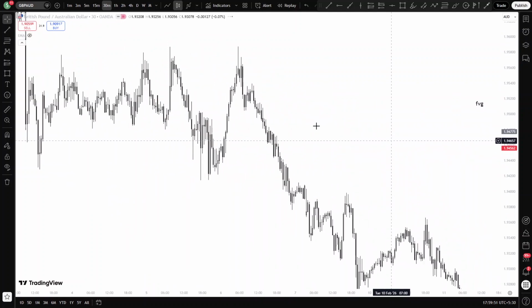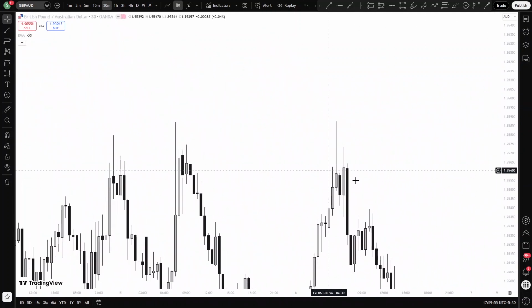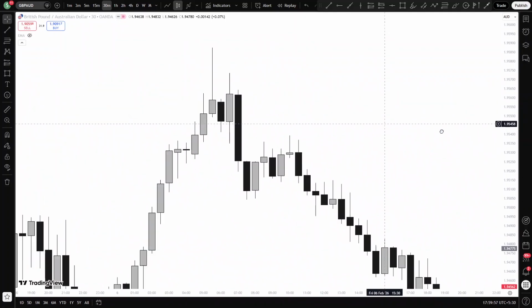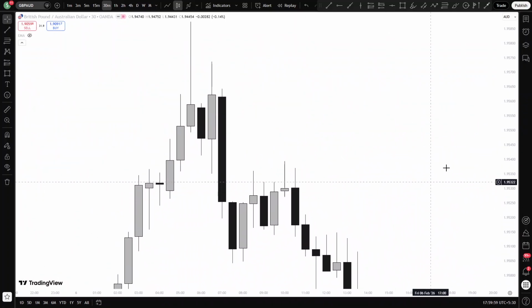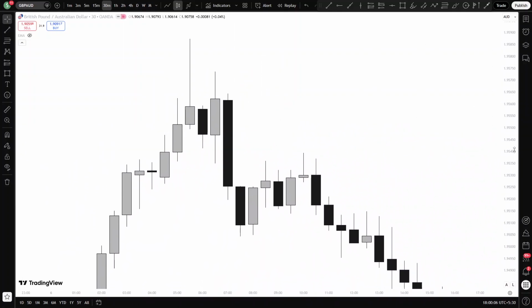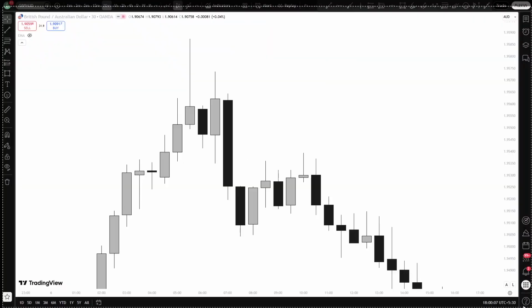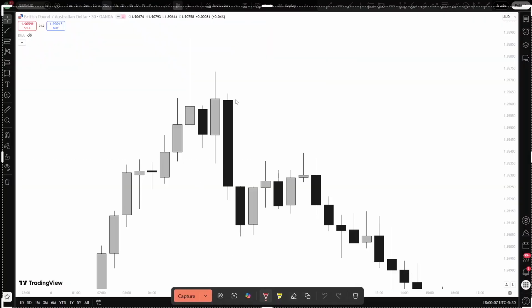Okay, we are going to start from here. So as the market is moving from this point, we have two candlesticks here. We are looking at this candlestick which is here and this candlestick.